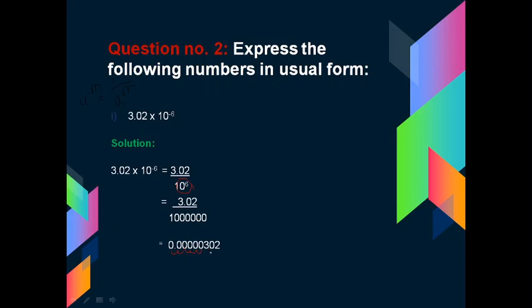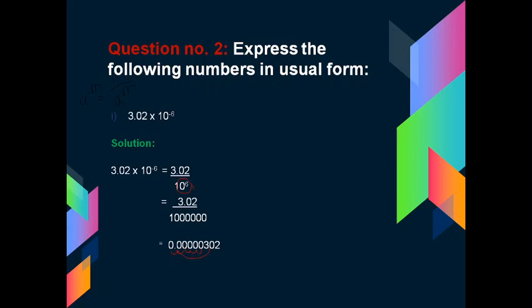Shift this decimal from here to here, from right to left, so that there are 6 digits in between, because the power is 6 and it is given as minus 6. That's why we shift the decimal from right to left. So see, the total digits are 0, 1, 2, 3, 4, 5 and 6. This is how you can write it directly also.